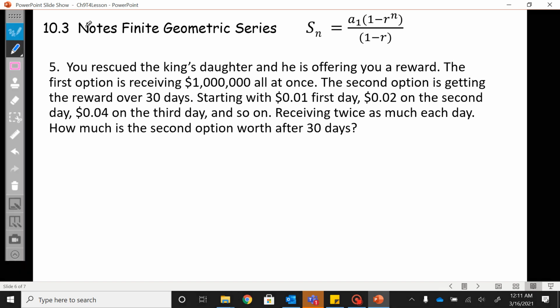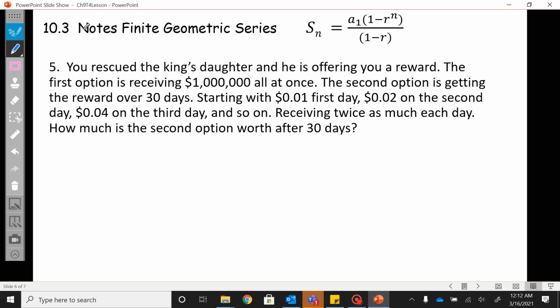Now, a word problem for the series. Just like arithmetic series had word problems, geometric series can as well. You rescued the king's daughter and he is offering you a reward. The first option is receiving 1 million all at once. The second option is getting the reward over 30 days, starting with 1 cent the first day, 2 cents the second day, 4 cents on the third day, and so on, receiving twice as much each day.